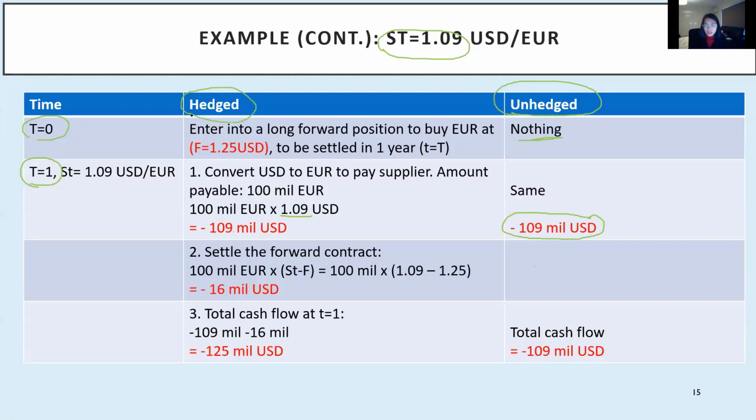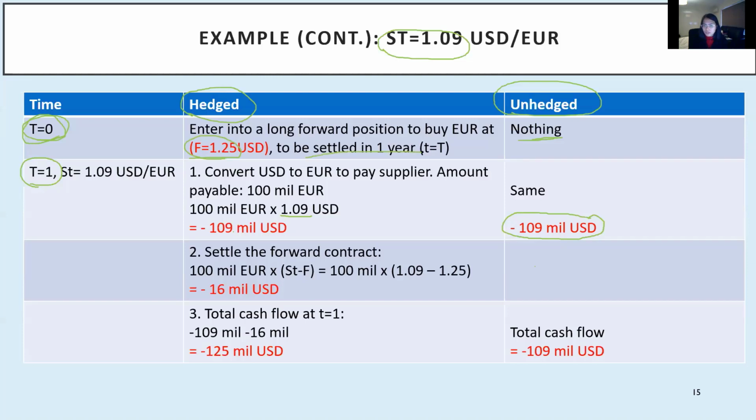With the hedge position, at time 0, I'm going to enter into a long forward position to buy the euro at the prevailing forward rate of 1.25, and this is to be settled in 1 year.